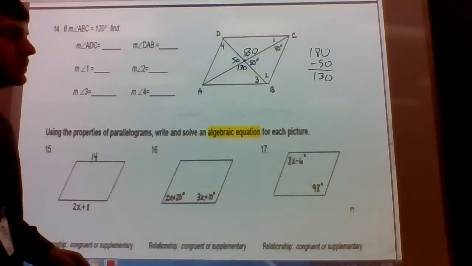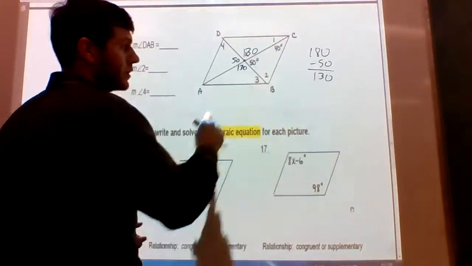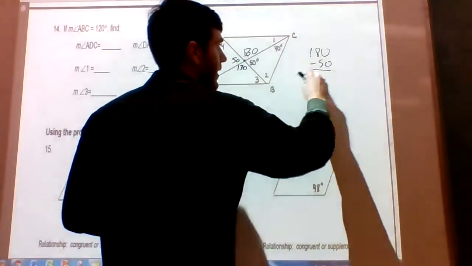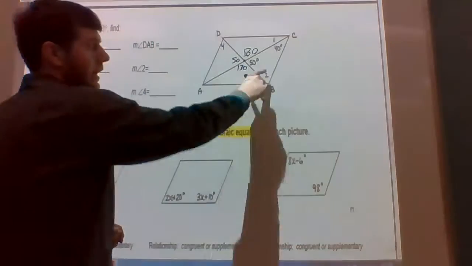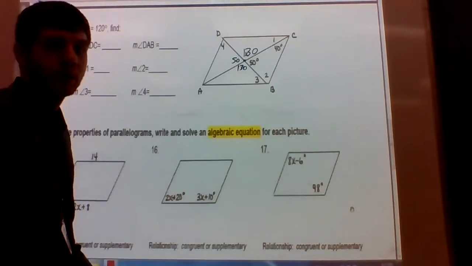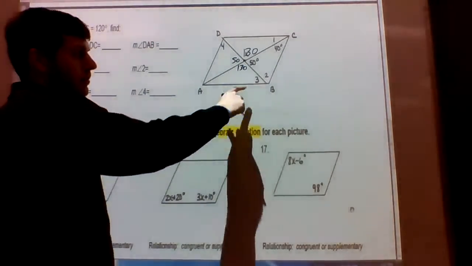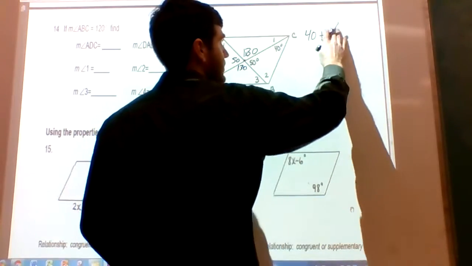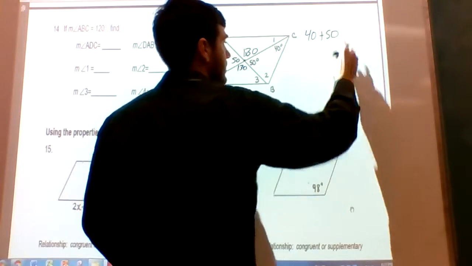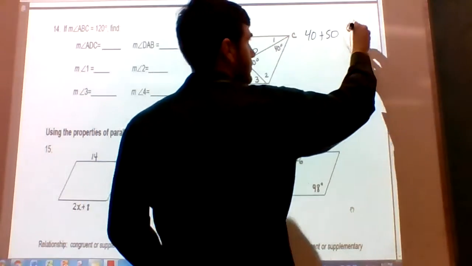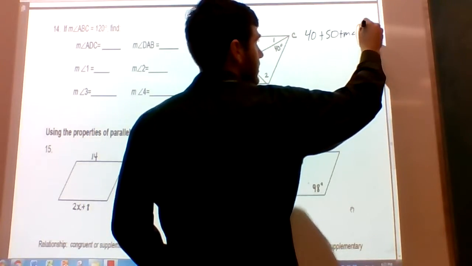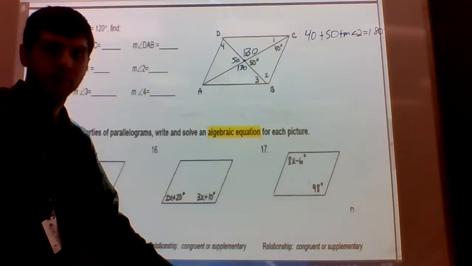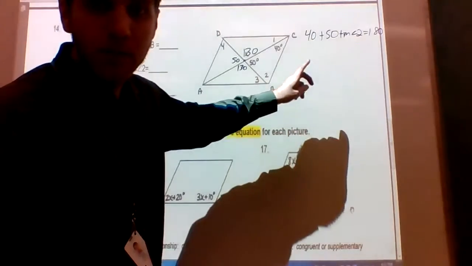The other thing I notice is I have two of the angle measures for a triangle. I can find the last one if I add all three of these angles up to 180. So 40 plus 50 plus the measure of angle 2 is going to equal 180. Can you guys see that fine?